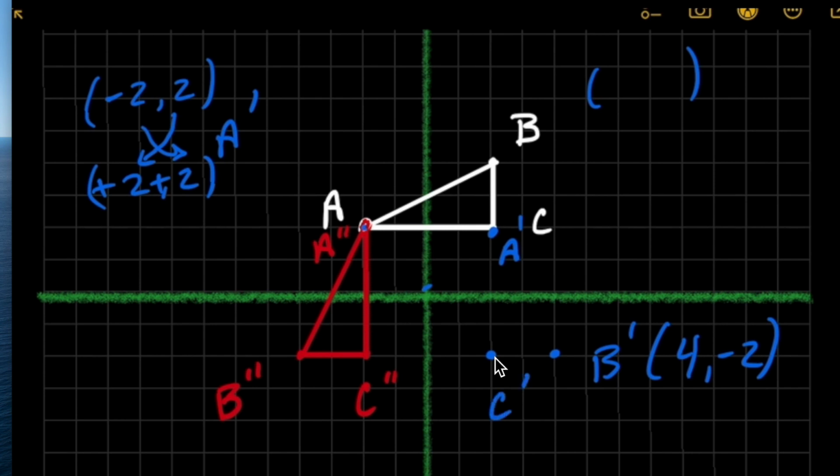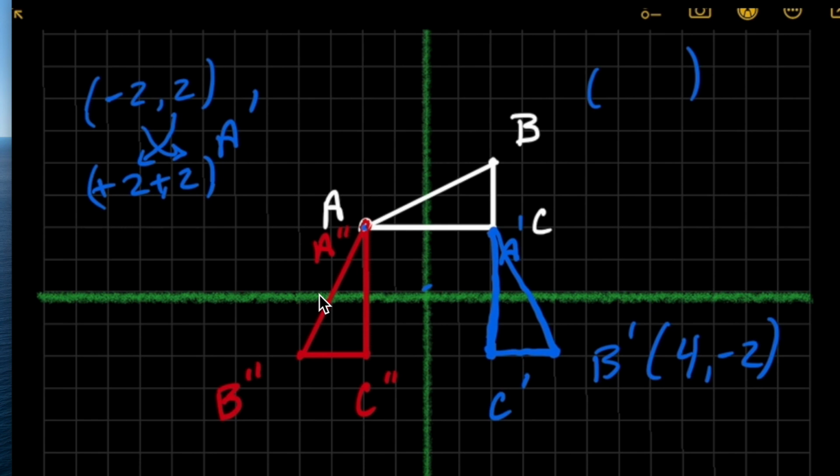So that is our new triangle after the first similarity transformation, which was a rotation of 90 degrees about the origin. So now we have this image as the penultimate image, and this is our final image, and you can clearly see that this is a reflection over the y-axis.